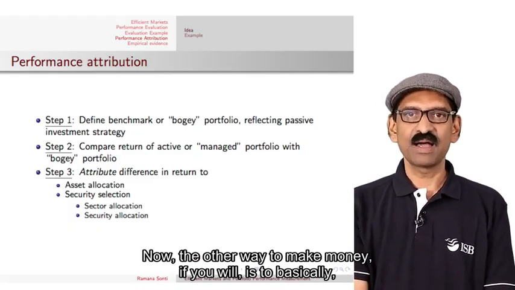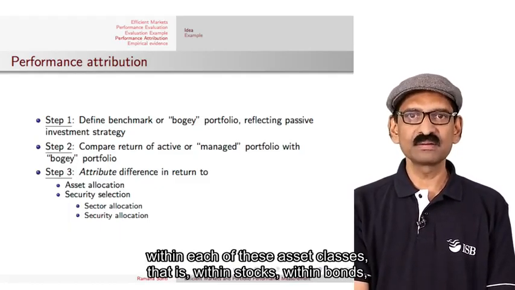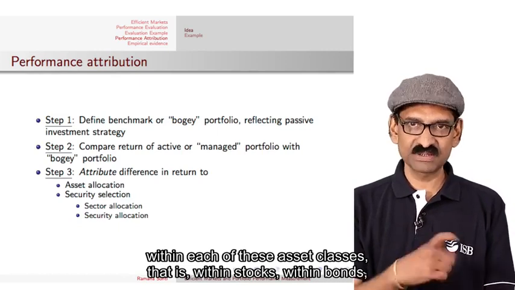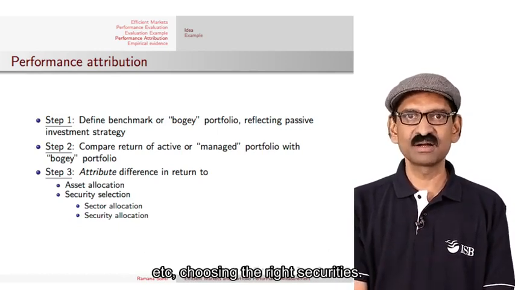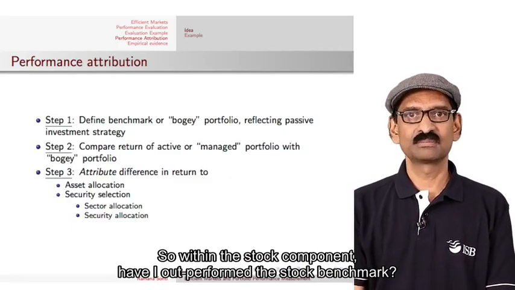Now, the other way to make money is, within each of these asset classes, that is within stocks, within bonds, etc., choosing the right securities. So within the stock component, have I outperformed the stock benchmark?